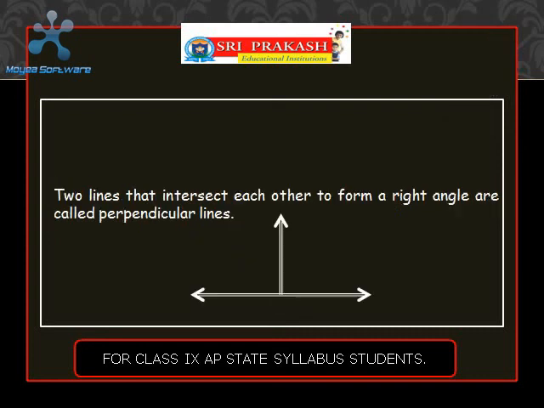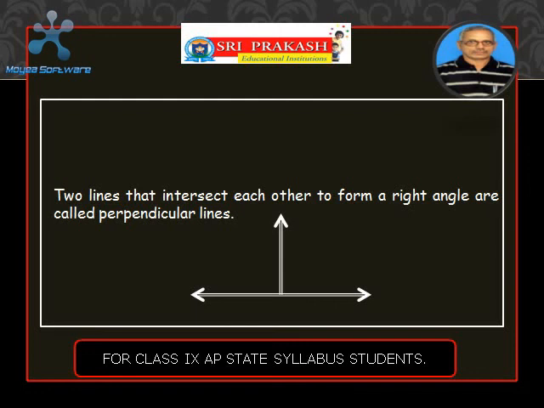So, what are perpendicular lines? Perpendicular lines are two lines that intersect each other to form a right angle, as shown in the figure.